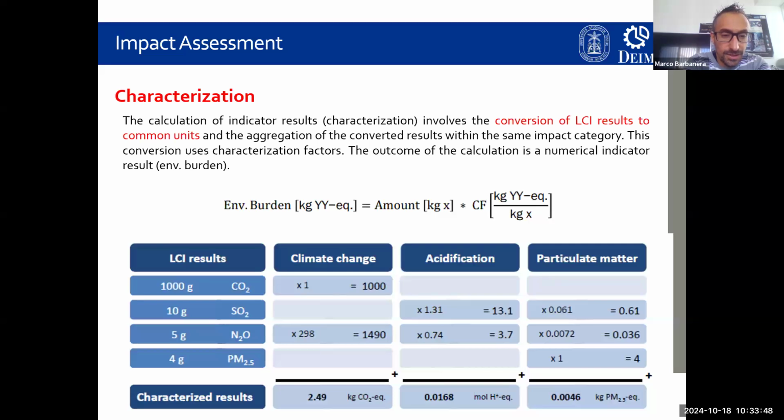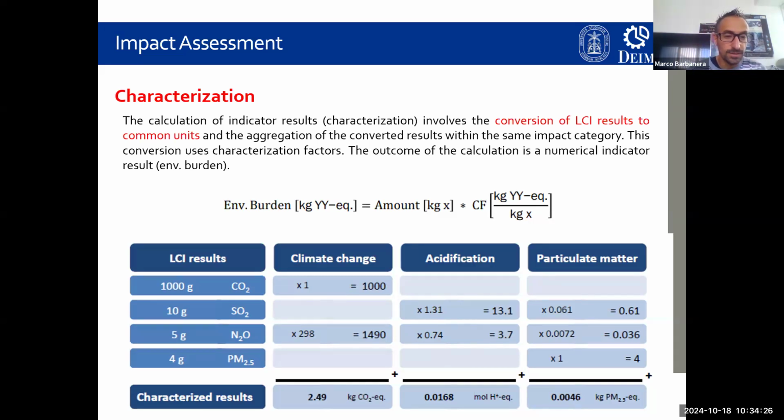so each greenhouse gas, in this case CO2 and the nitrogen monoxide, is multiplied by a factor called characterization factor. In particular, by applying this characterization factor, we can consider the different contribution of each compound, of each substance to the impact category.